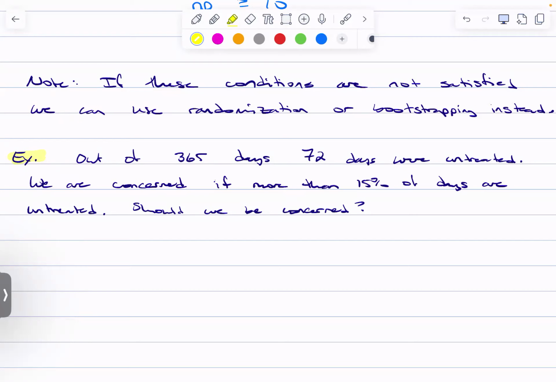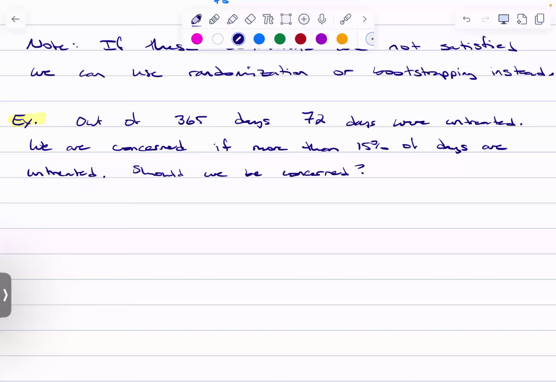A hypothesis test I break down into 4 steps. I've seen it broken down into like 9 steps, which is crazy because how can you possibly remember it? But when it says things like, should we be concerned?